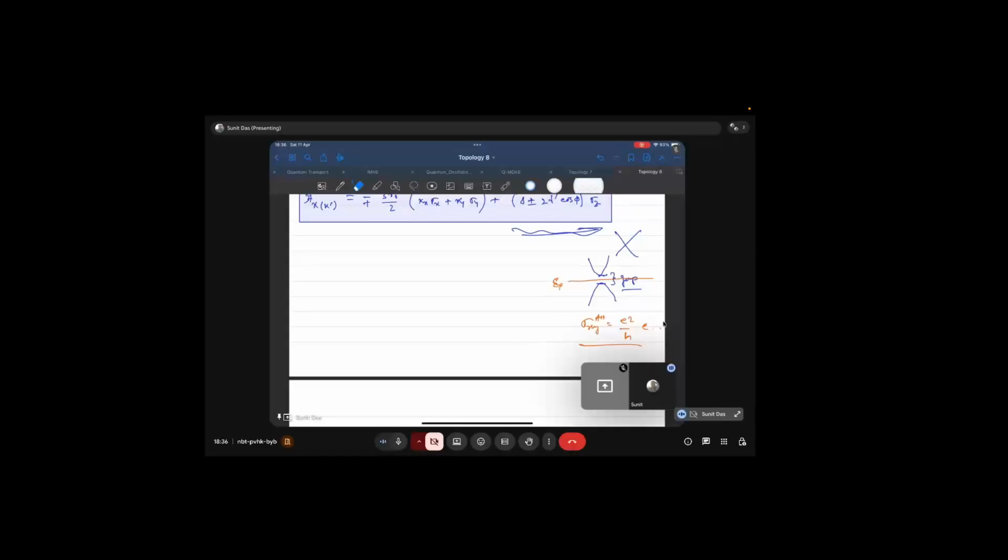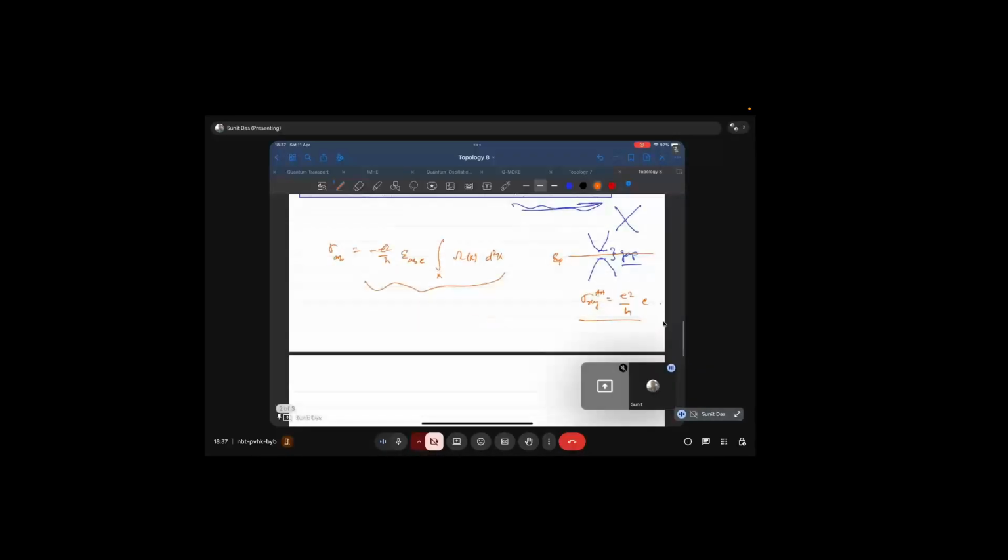So our goal is to calculate sigma xy, which is minus e square by h, epsilon ABC, sum over all the k points or integration over k of the Berry curvature, which is a function of k, d2k. So whether this quantity comes out to be an integer. If it is an integer, then we have established that there can be a quantized anomalous Hall effect.